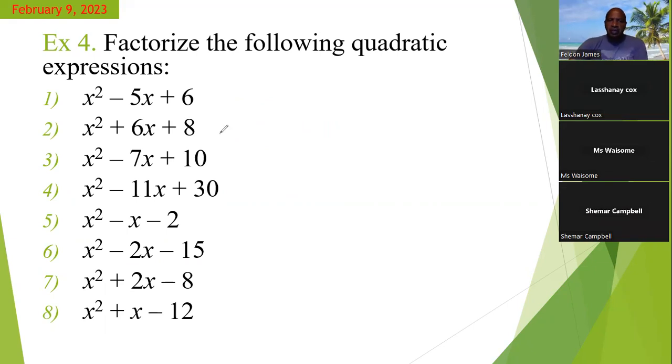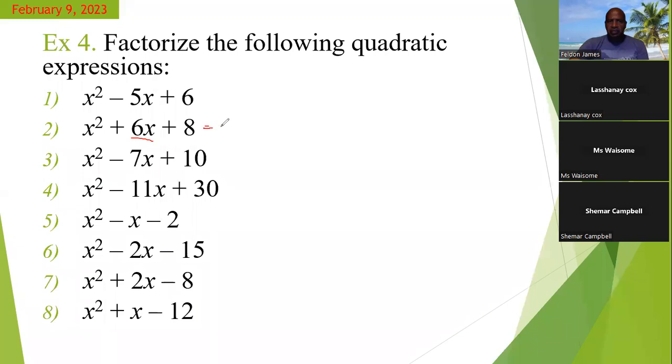Two numbers that when you multiply, you get 8, and when you add them, you get 6. 2 and 4. So it means that we're going to replace the 6x with 2x and 4x.